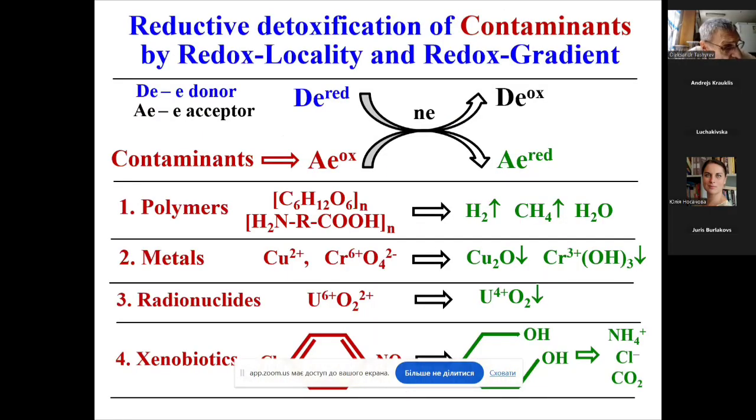But this redox locality gives the possibility not only to use this method for the purification of wastewater from metals, but also from radionuclides, because due to their chemical properties, they are very close to the toxic heavy metals. And it is obvious that redox locality will give the possibility of successful precipitation of radionuclides together with non-radioactive metals.